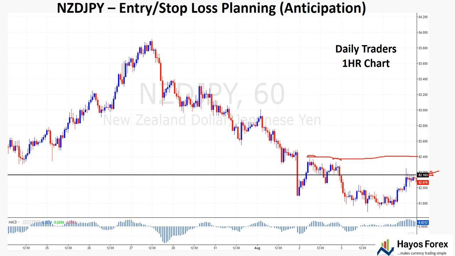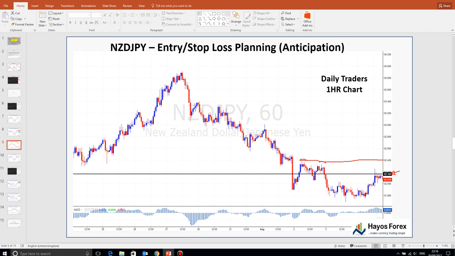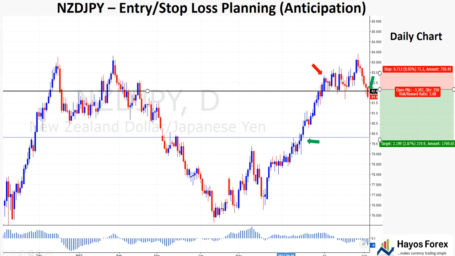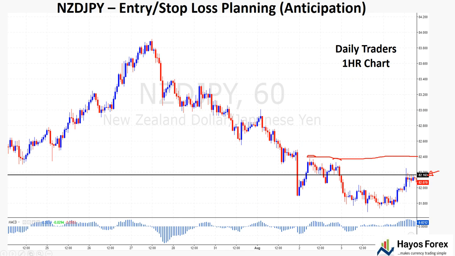That's 82.4. If you look at the previous entry on the daily chart, I'll keep it on the daily charts. Previously, what we had was close to 83. Now we have a better entry, 82.4.